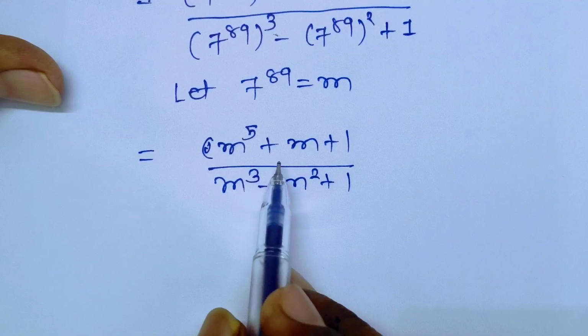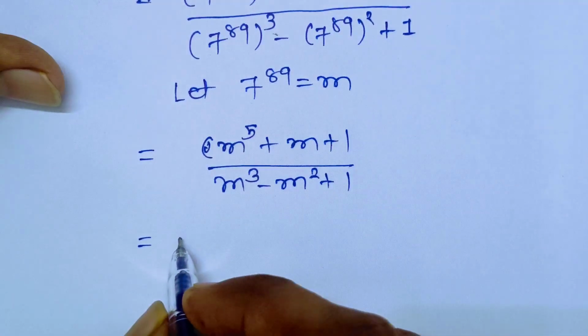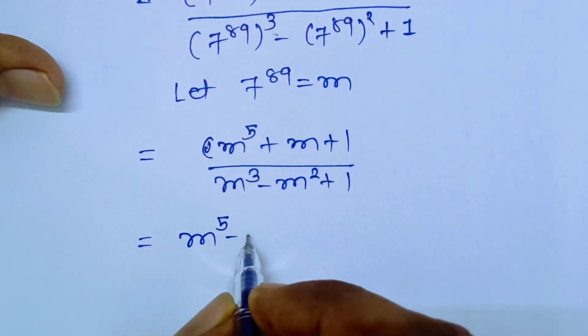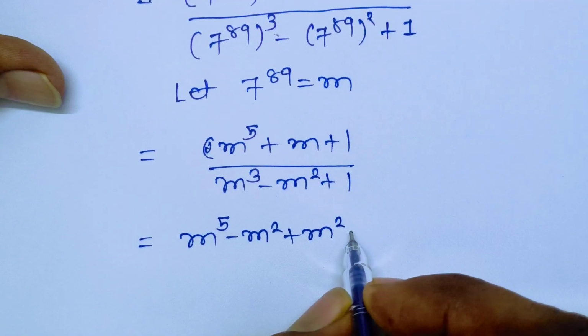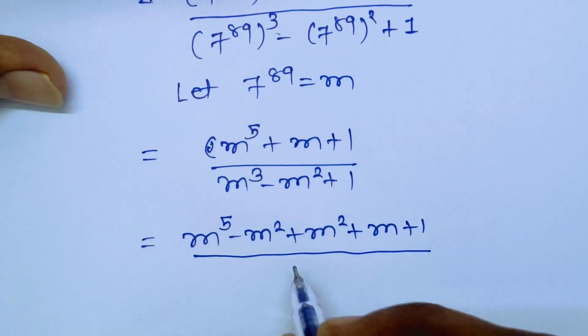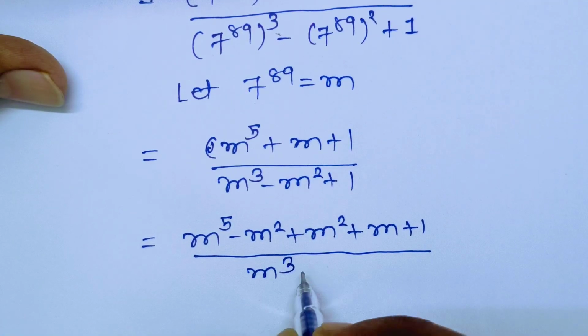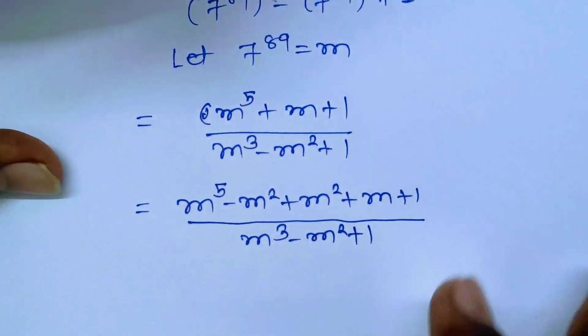Now in the numerator add m^2 and subtract m^2. This is equal to m^5 - m^2 + m^2 + m + 1, as it is, upon m^3 - m^2 + 1. Up to this is clear.